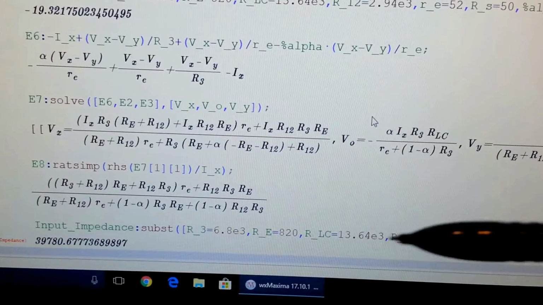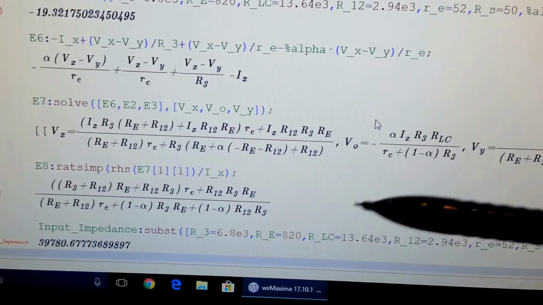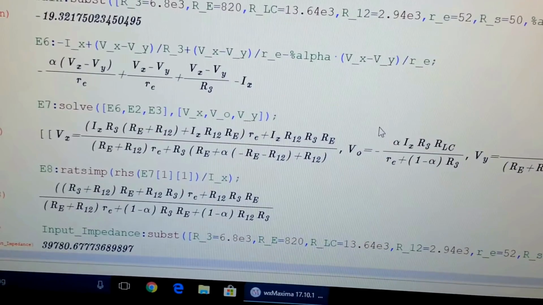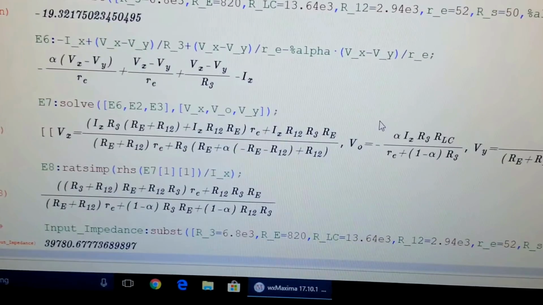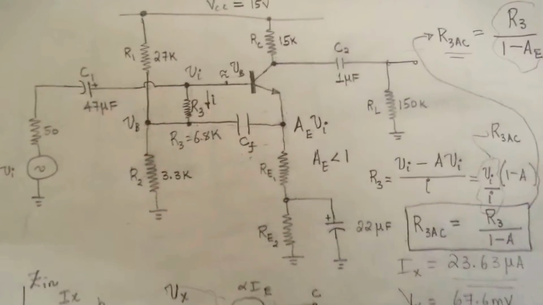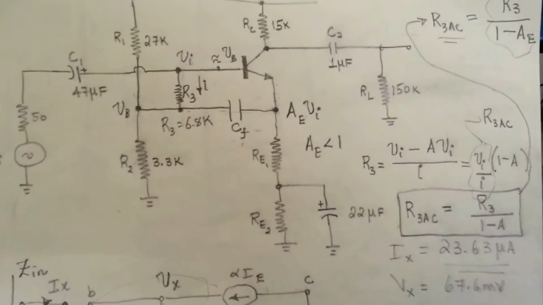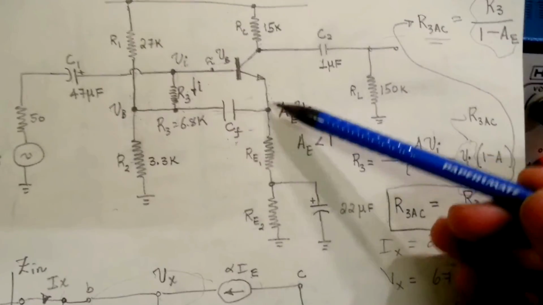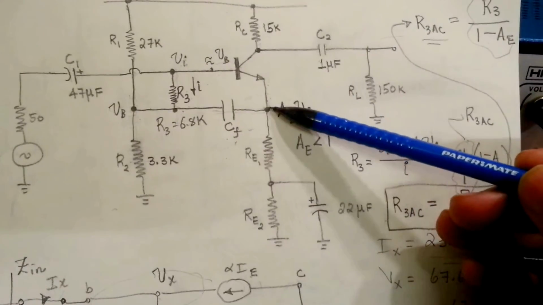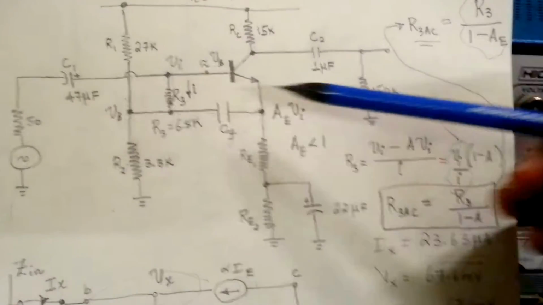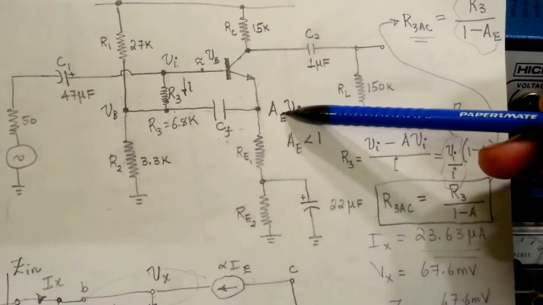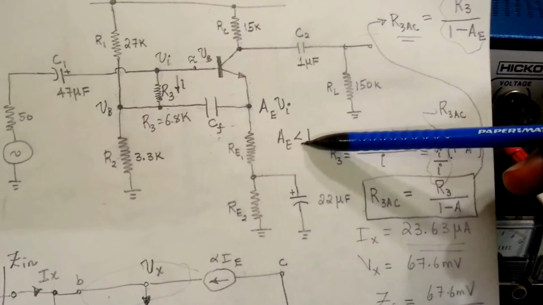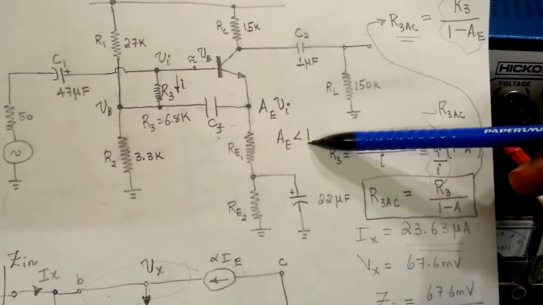It doesn't create an oscillator when we're designing this amplifier, because of the gain, the common emitter gain. So if I show you the circuit again to be absolutely sure. Yeah, the circuit is here. We're taking the feedback from the emitter, and remember, AE, which is our emitter follower gain, is always less than 1, but very close to 1.